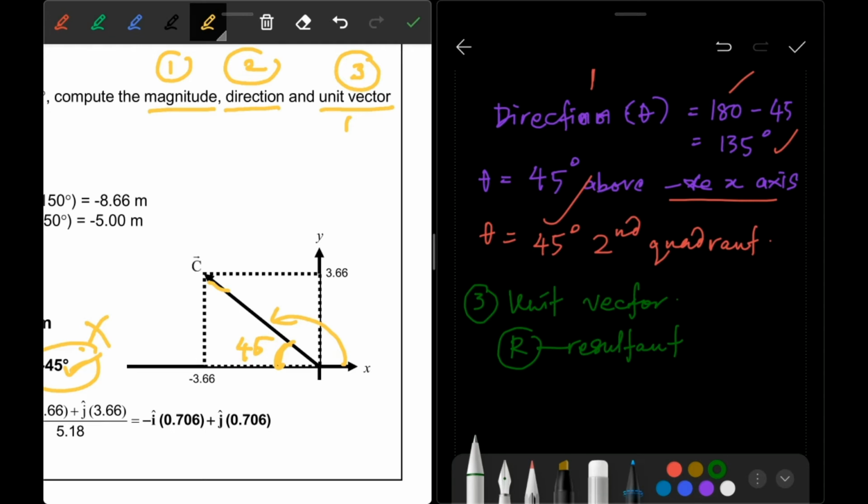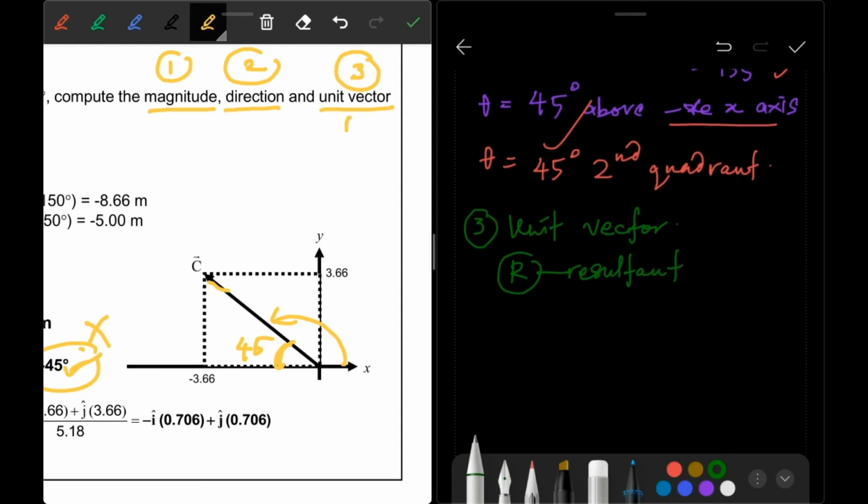If you want to use Q, it's also okay. But here I put R for resultant. So for the unit vector, I put R cap. R cap means unit vector of the resultant vector, which is equal to vector R in terms of ijk over the magnitude of the vector.